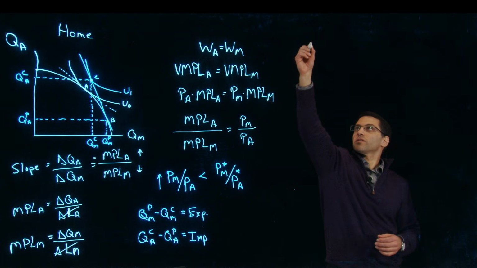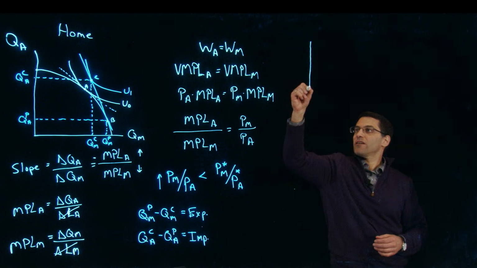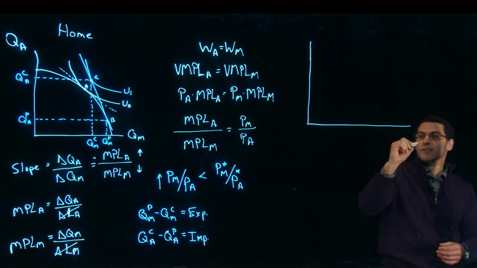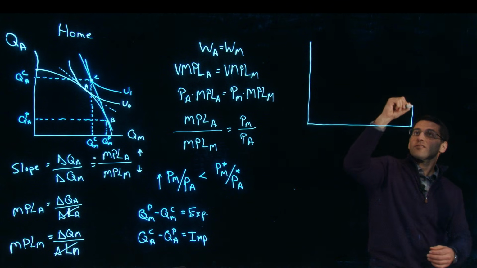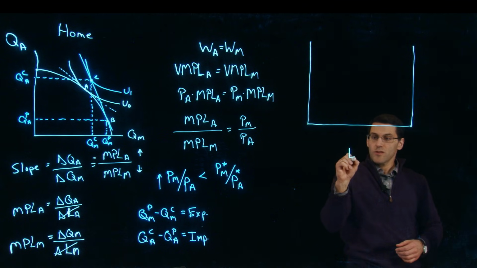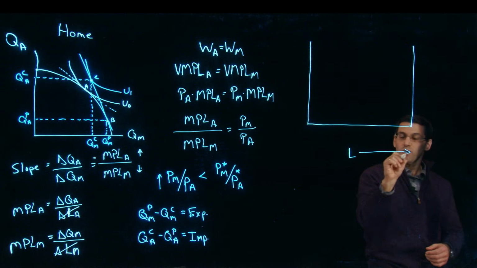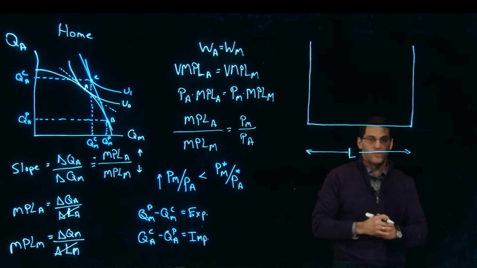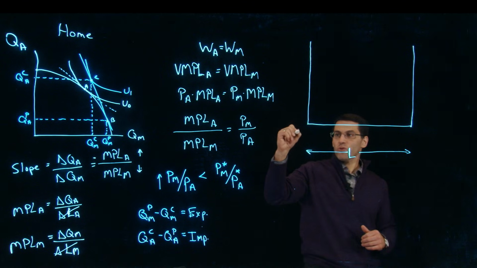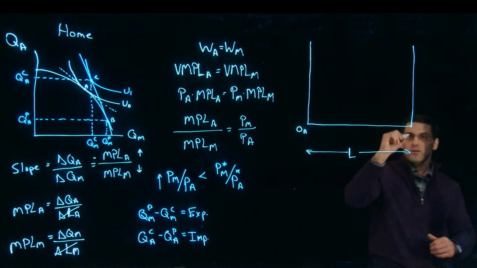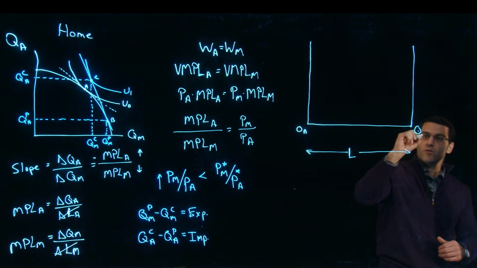In this one, we're going to have a graph with 2 y-axes. The x-axis is the total supply of labor in the home country. We're going to make the origin over here the agricultural sector, and the one on the right here is going to be the origin for the manufacturing sector.